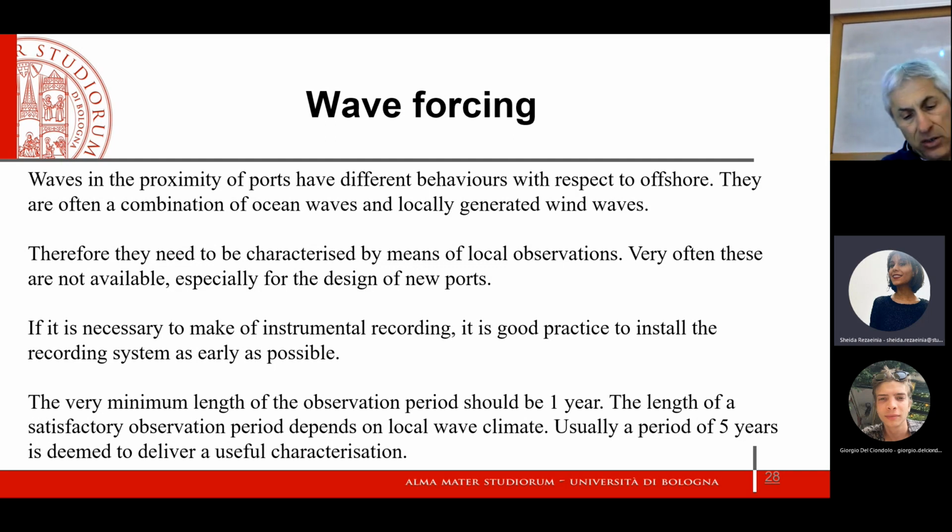These waves into the harbor usually bring less energy with respect to the open ocean waves, for obvious reasons, because the harbor is a sheltered area, because we try to protect the entrance of the harbor in order to minimize the action of waves, because in general, what you expect in a harbor is to find calm conditions.